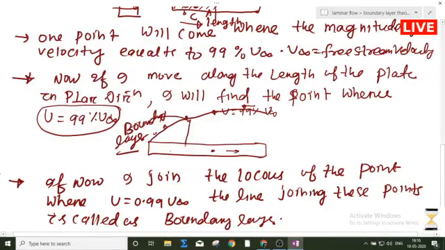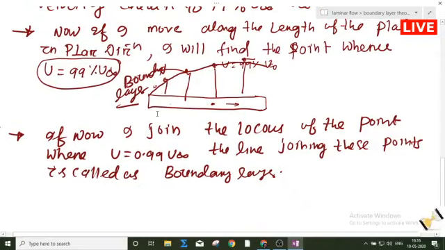If I move in perpendicular direction at every point, I find some points where the velocity is equal to 99% of the free stream velocity.